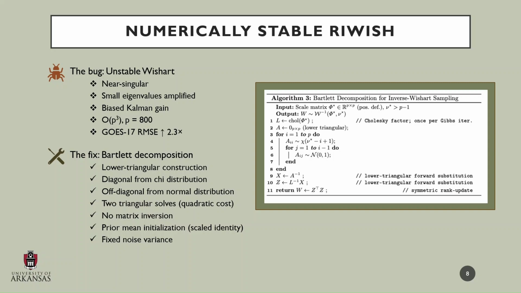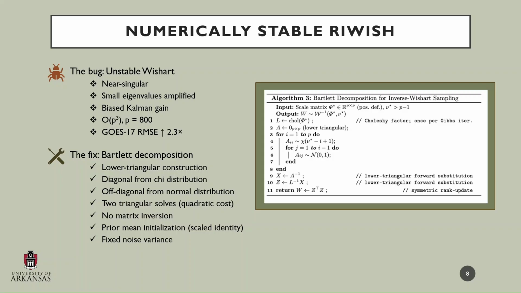The native implementation uses direct matrix inversion on an 800 by 800 matrix, which is O(p^3) in cost with p equal to 800, and it suffered from numerical instability. Near singular scale matrices caused small eigenvalues to be amplified, producing biased Kalman gain.